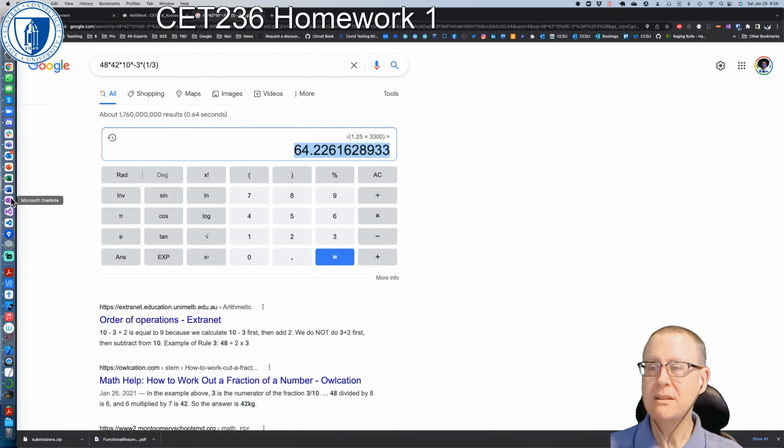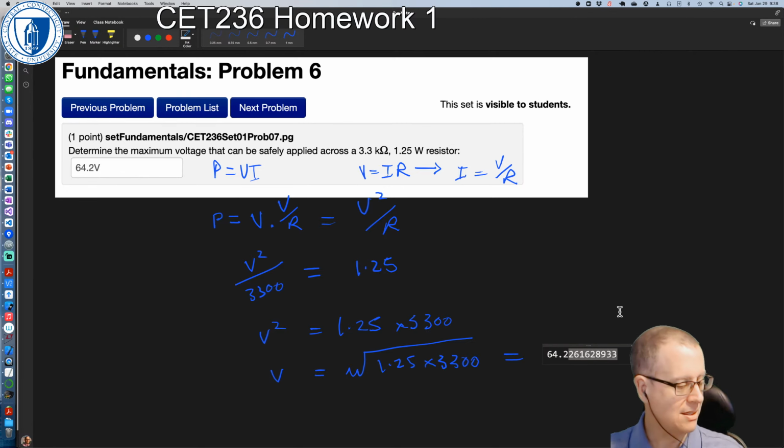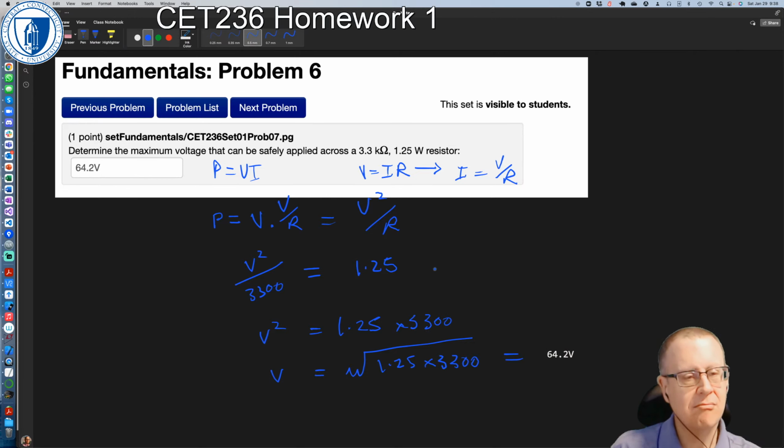Now, your calculators will give you a ludicrous number of decimal places. You don't need that number of decimal places. So significant figures: in your intermediate calculations, use 4 significant figures.